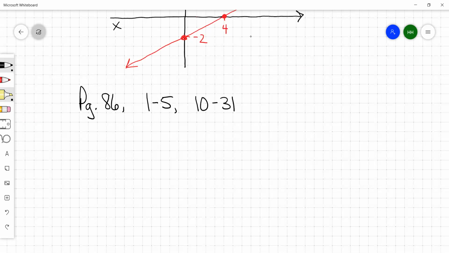If there's work required, guys, you need to show your work. All right? When you're finding the slope of a line, you need to show your work. If there's work required, show your work. Otherwise, I can't give you any credit.